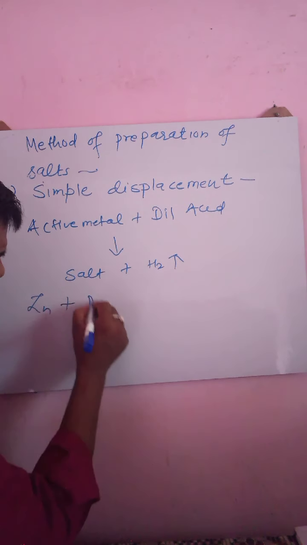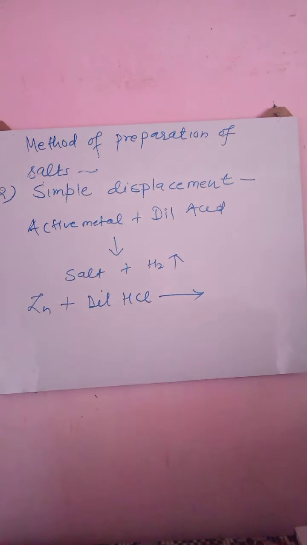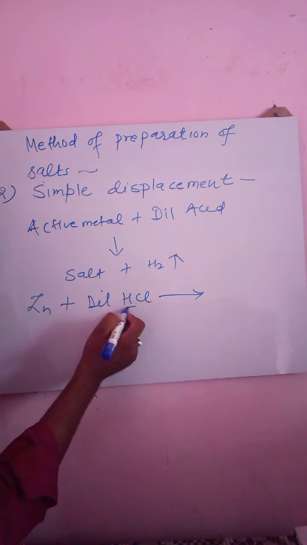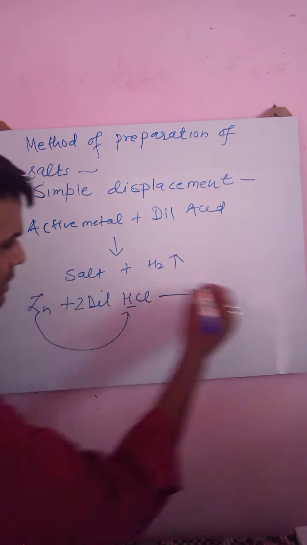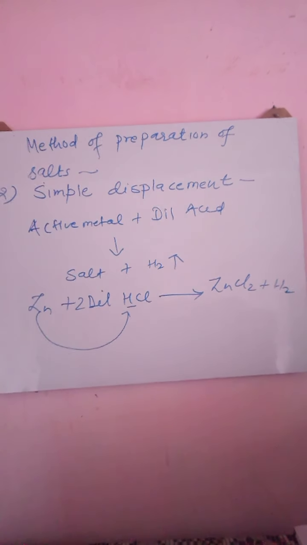When dilute acid like dilute hydrochloric acid acts on zinc metal, zinc is more active as compared to hydrogen. It will displace hydrogen from hydrochloric acid to produce ZnCl2 salt plus hydrogen gas.